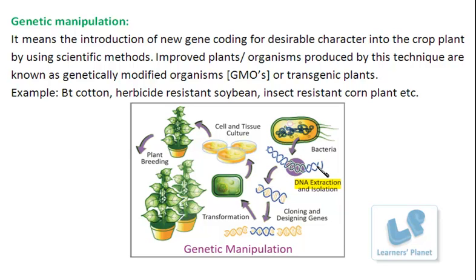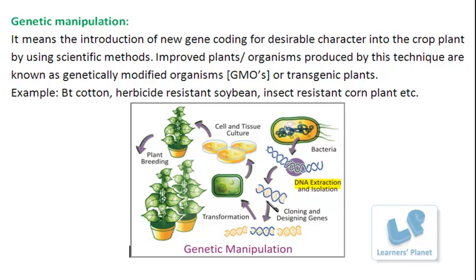Suppose this entire DNA has been extracted from the bacteria. In this entire chromosome or DNA, we need only a small part, a gene which is coding for the desirable character, isn't it? So we have to cut this particular gene, and that is done with the help of various enzymes and different methods, right? They help in cutting these particular genes and isolating them.